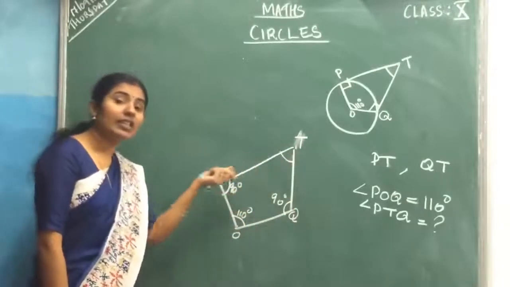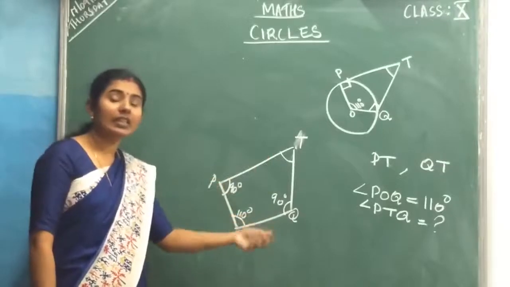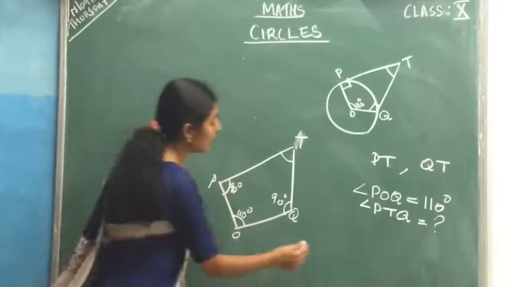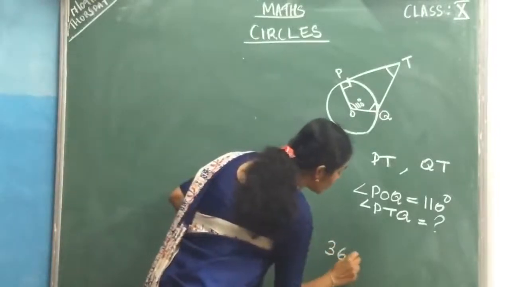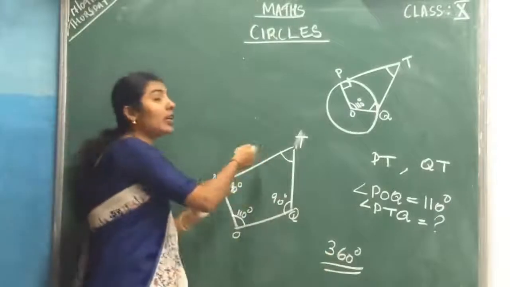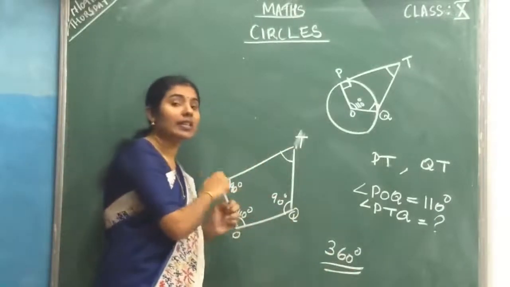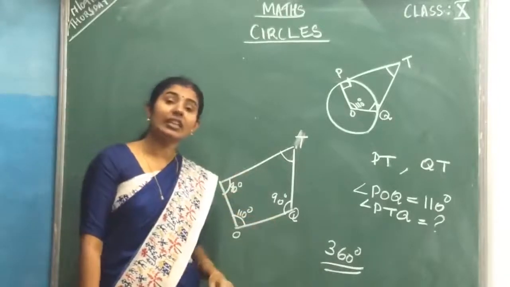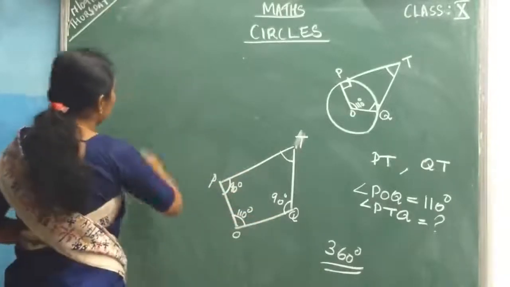So what is the sum of angles of a quadrilateral? That is 360 degree. You have studied in 9th standard. When you are given a four-sided shape, the sum of all angles is 360 degree.